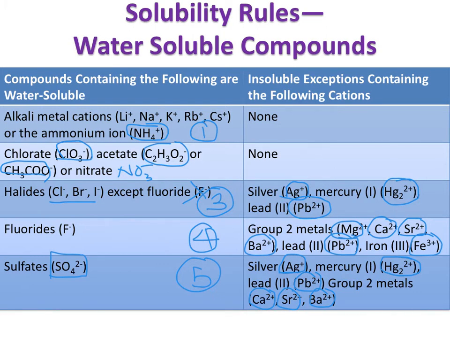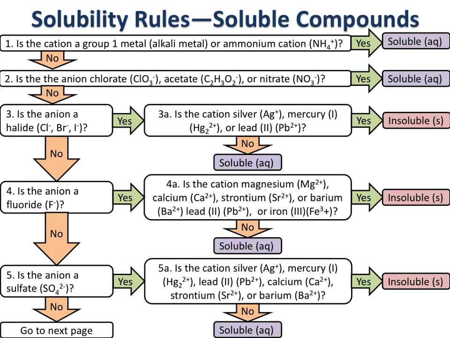For some people, it is useful to write out all the exceptions to see what patterns arise and to become familiar with the rules better. This is a flow diagram of the solubility rules for soluble compounds.